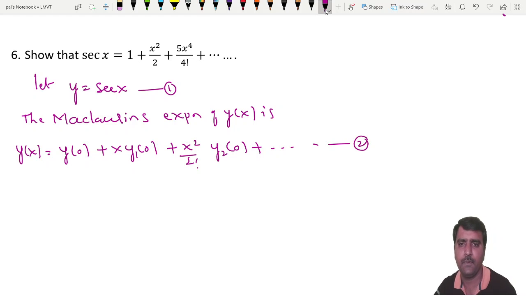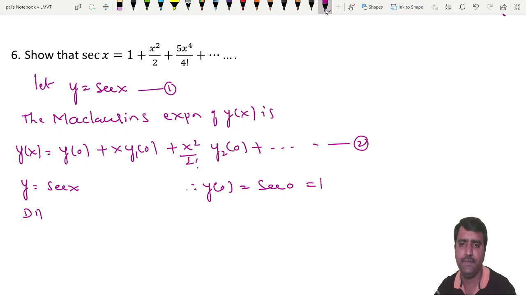Take this as 2. Now to find y of 0, you put x is equal to 0 in y. Therefore y of 0 is equal to secant 0, which is 1.